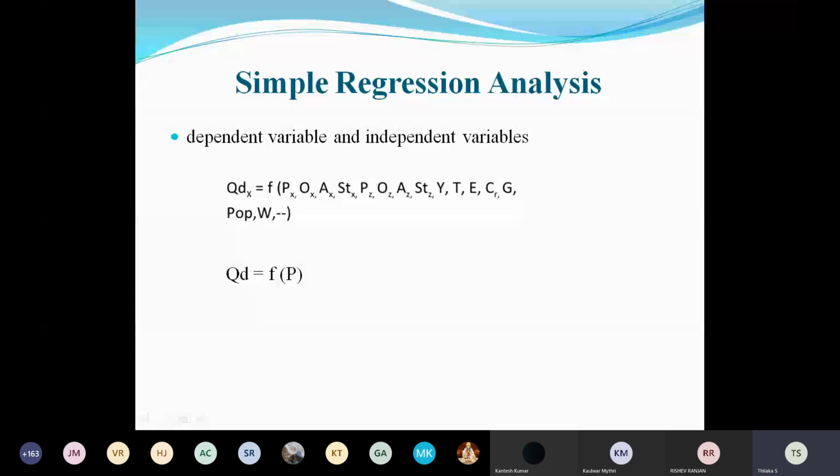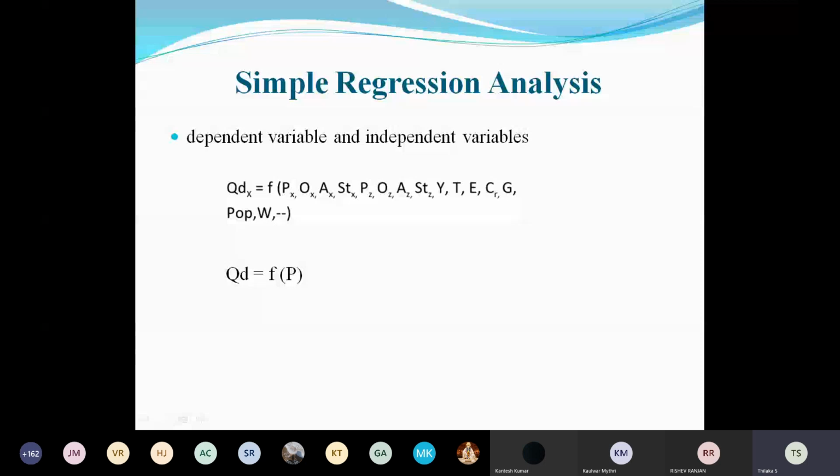The quantity demanded is a function of the price. This is called the simple regression analysis. And in the first case, if the dependent variable is based on many independent variables, that comes under multiple regression. Is it clear, guys?